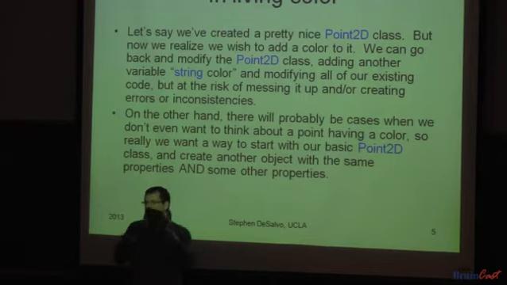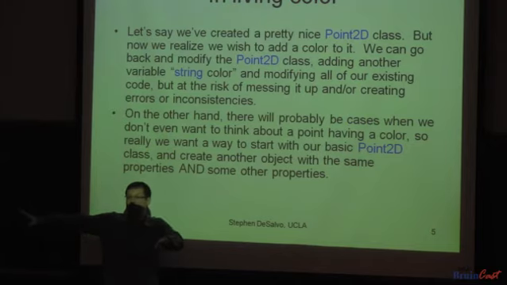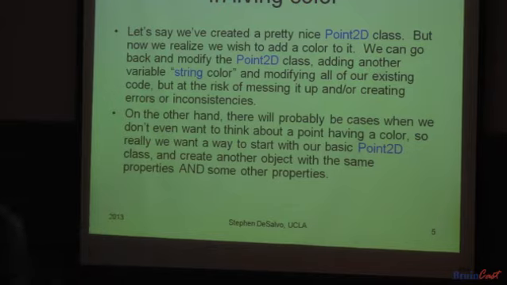So the question is, is there a way to grant a class like ColorPoint2D all of the same functionality as a Point2D and then add extra stuff to it without ever needing to actually see or touch the Point2D class? And the answer is yes. And that's what this is solving.